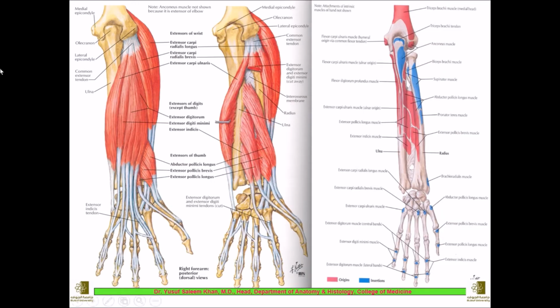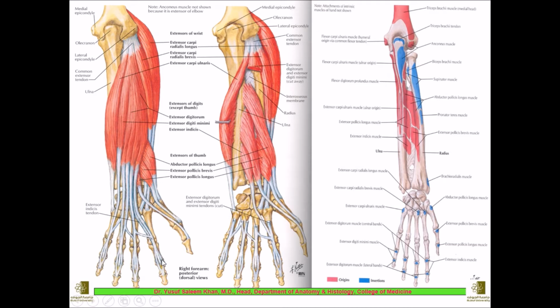Let's see. This is the extensor digitorum taking origin from the common extensor origin, the lateral epicondyle of the humerus, running all the way downwards and splitting into 4 slips, and each slip goes to each digit. Here, near the shaft of the second middle phalanx, it splits into 3 slips in the proximal phalanx.